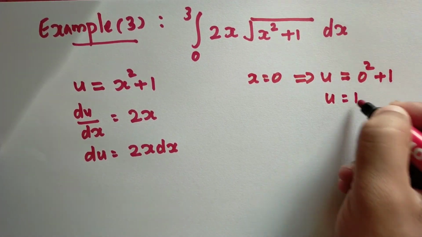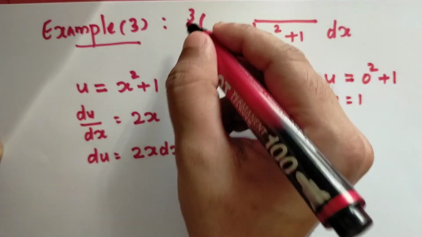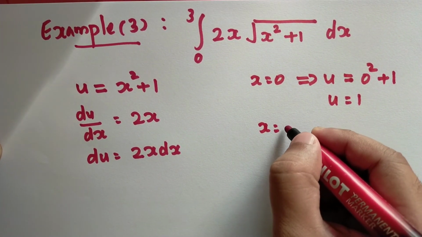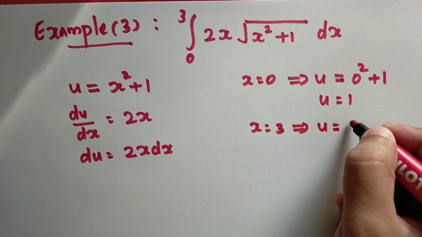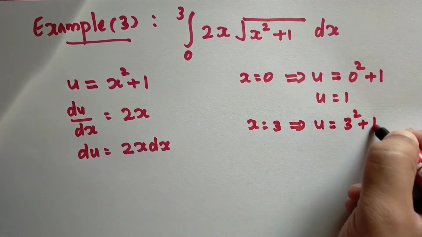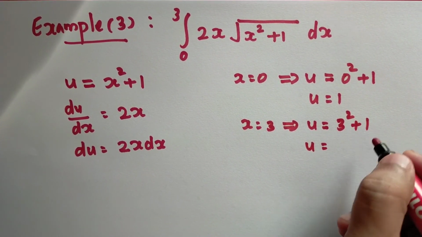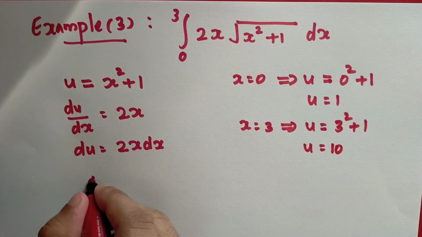That means u is equal to 1. Also substitute upper limit 3 in u to get the new upper limit. So x is equal to 3, substitute in u. So u is equal to 3 power 2 plus 1. That means u is equal to 3 power 2, 9, plus 1, 10.